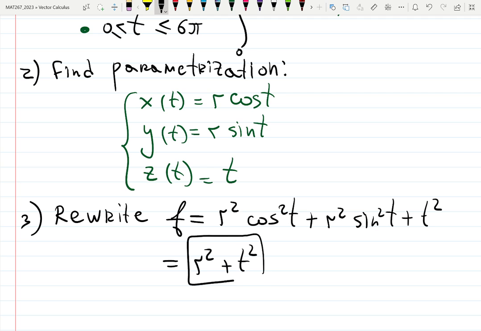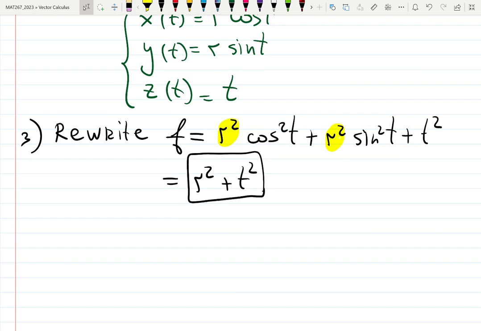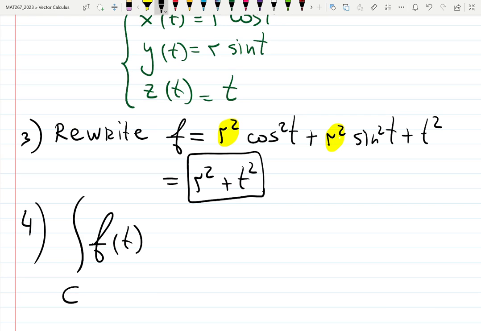Do you need help to figure out why we simplify it like so? We factor out r squared, and we got sine squared plus cosine squared. So we wrote f. Finally, write down the integral. Integral over C of f. Now f depends on t. That's what we wanted.